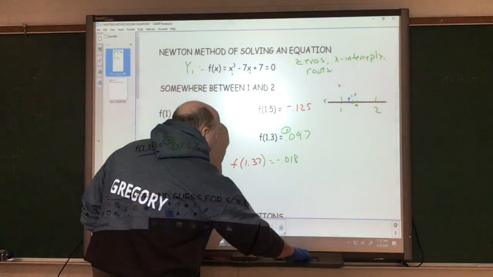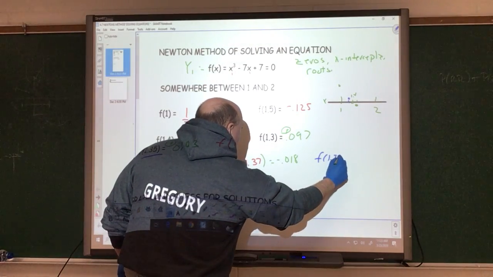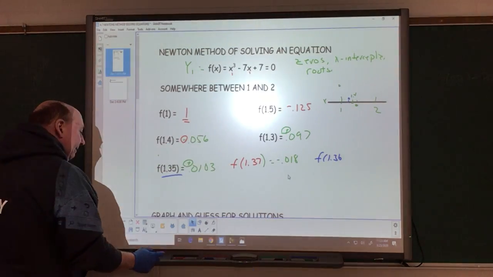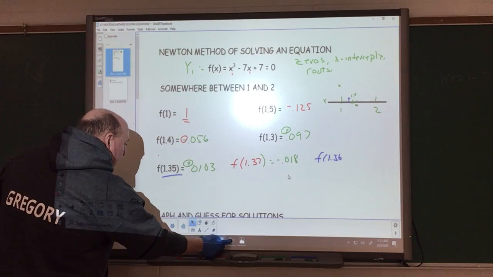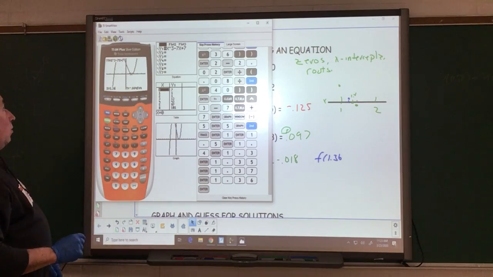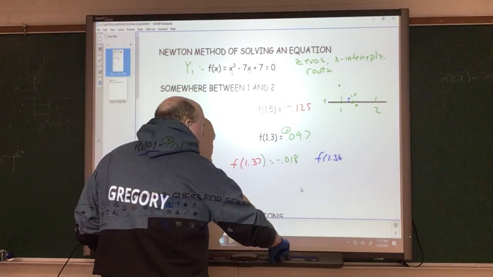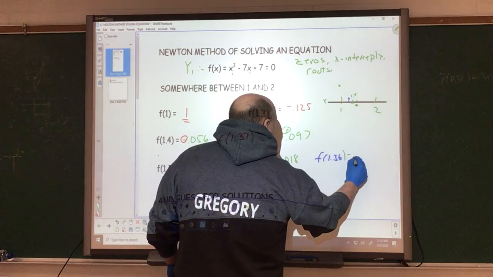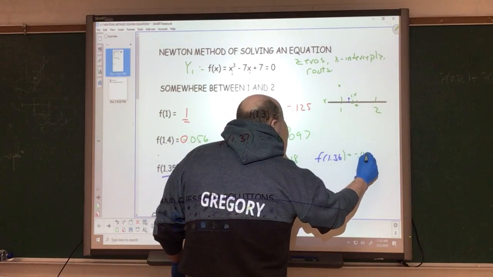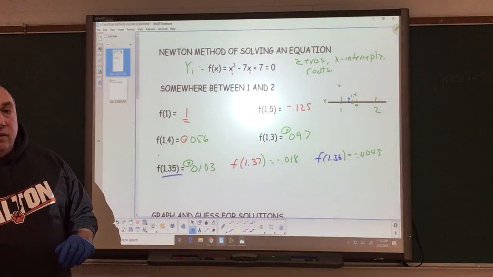So let's go one other value. Let's get our function value at 1.36. At 1.36, we get negative 0.0045. The key is that we are negative.